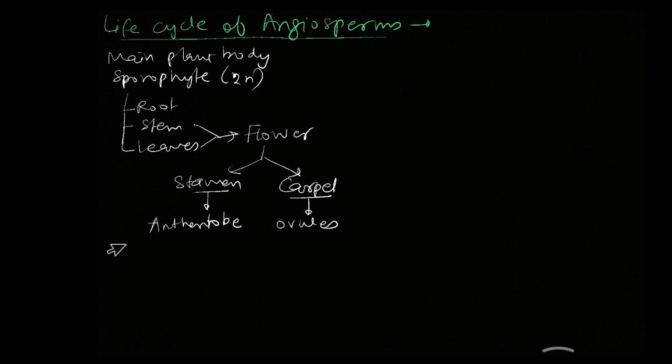These anther lobes are homologous to the male sporangium, and ovules are homologous to the nucellus. We know that in ovules, the nucellus is present, and the nucellus is homologous to the female sporangium.